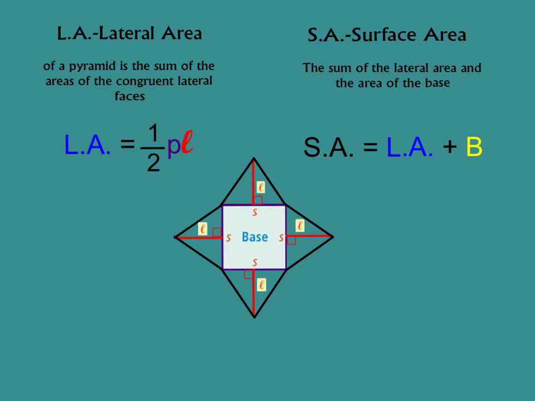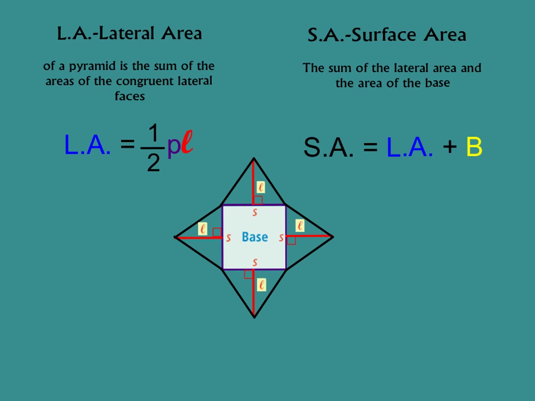And we know that the area of a triangle is half the base times the height. So we'd say half times S times L. And then we would add that to half times S times L, and add that over here, and add that over here.